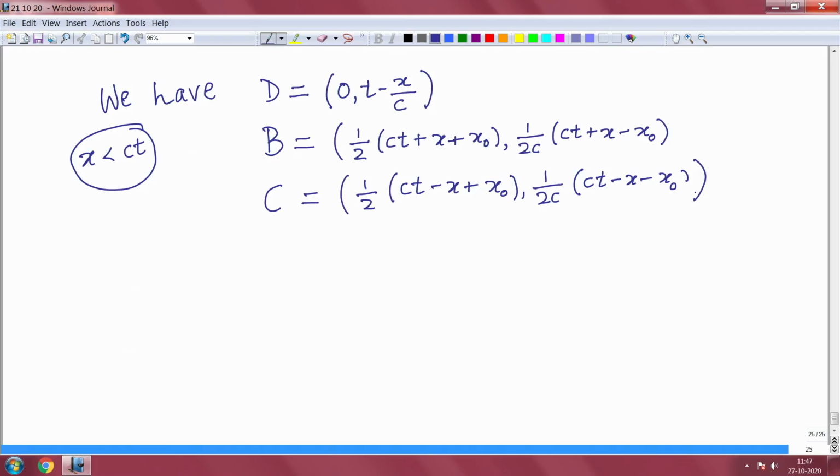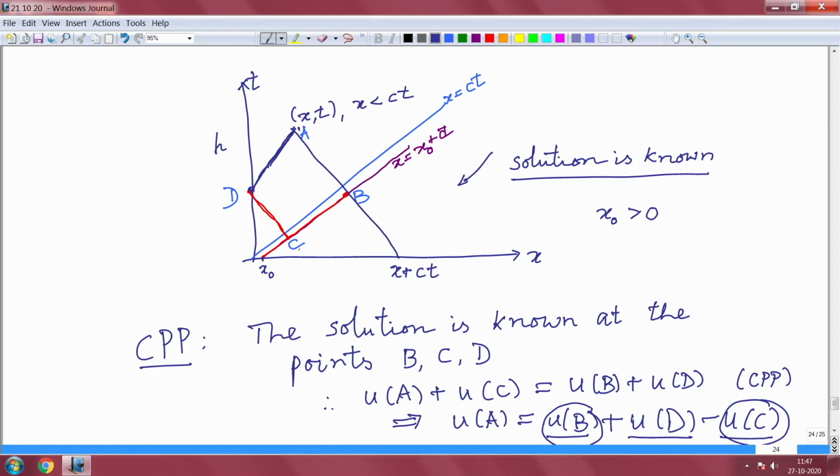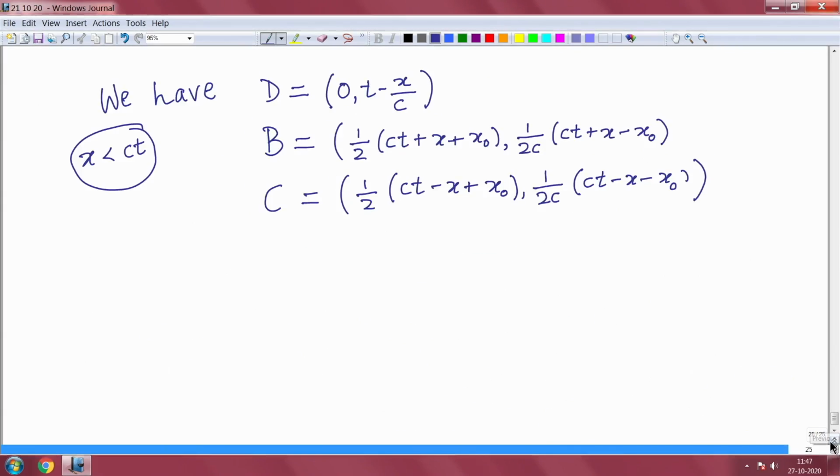We want both B and C in the first quadrant of the region, so the x coordinate and t coordinate are obviously positive.